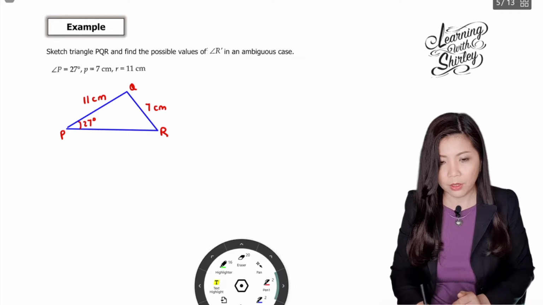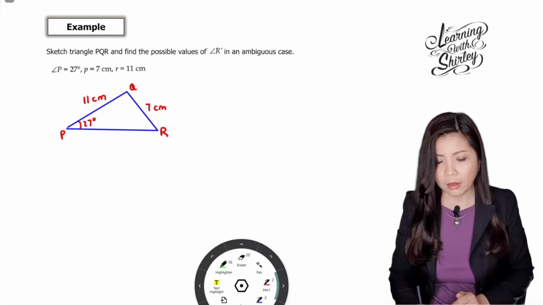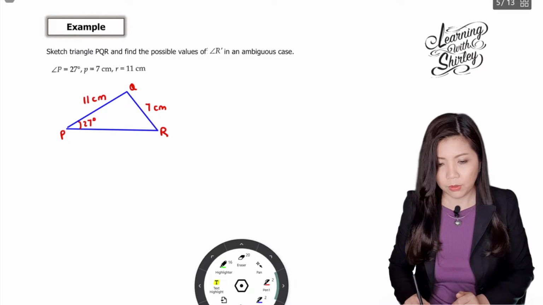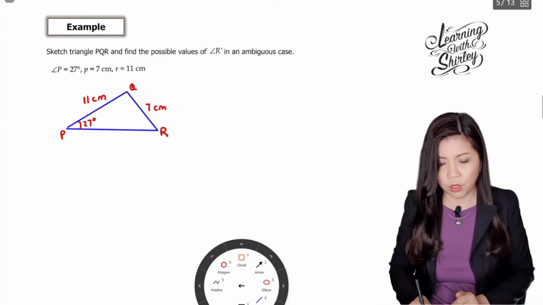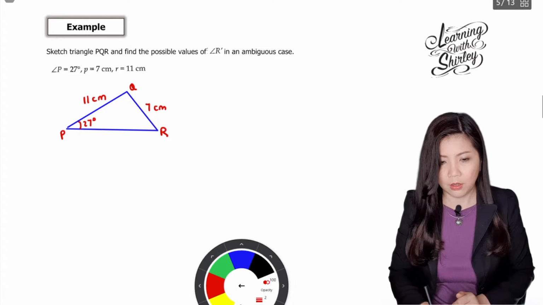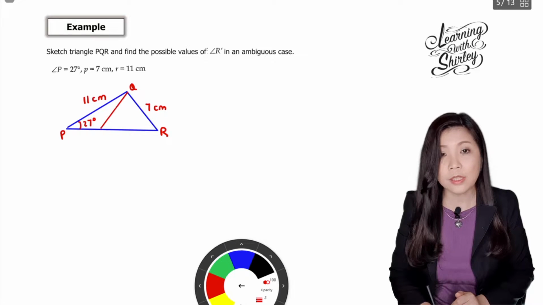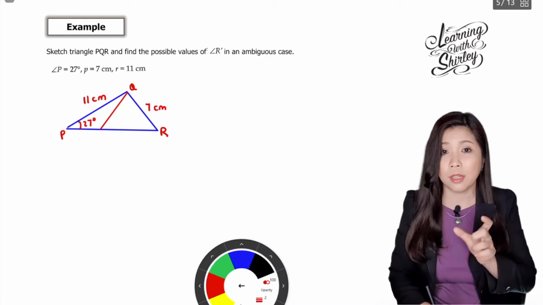Here are the possible values of angle R prime. So I'm going to draw, and if this is QR, I'm going to use red. If this is QR here, it can also be here, which is 7 cm, right? So this is the ambiguous case. It can be here as well. We swing from here to here, which is 7 cm, or you can use a compass and draw 7 cm.